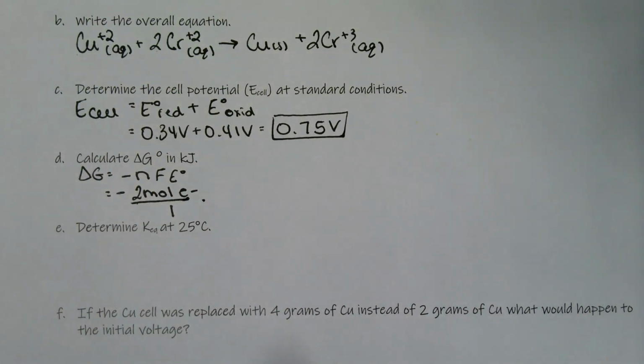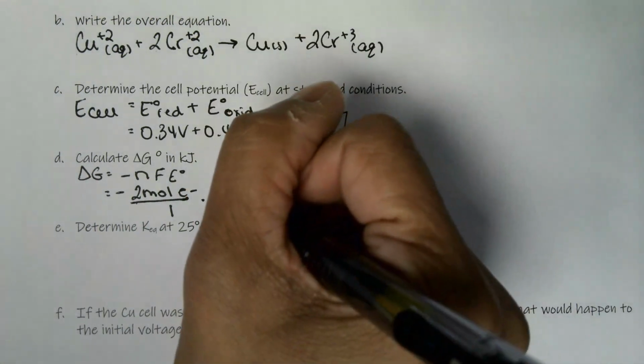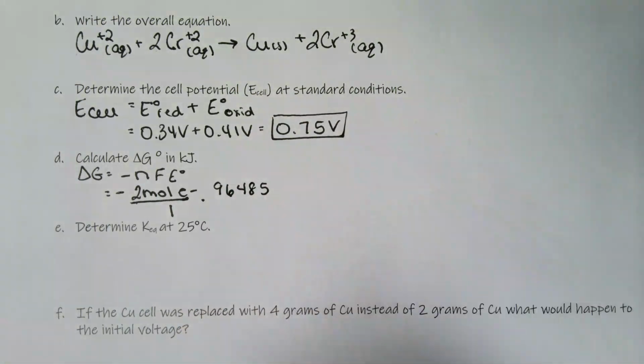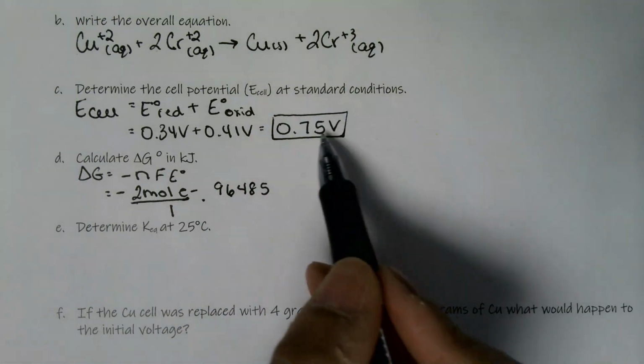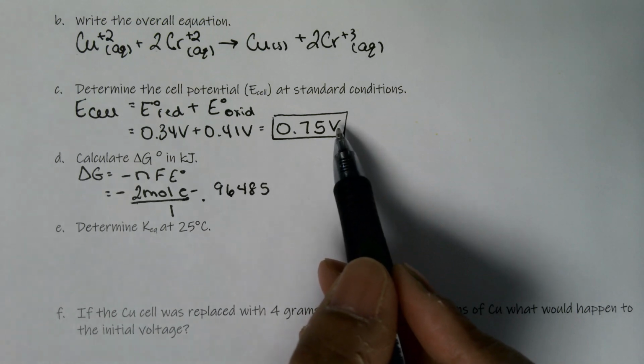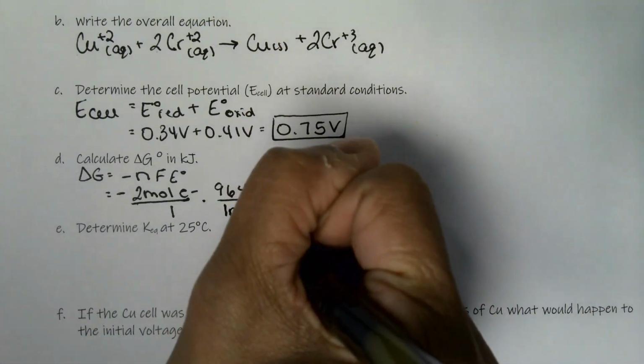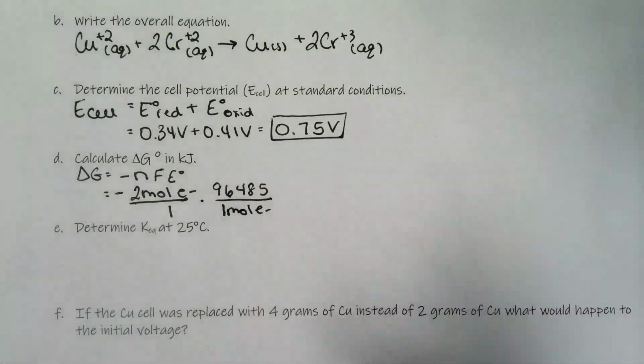Then I have for D, Faraday's constant. For Faraday's constant, I can put in the 96485. And I know I'm dealing with volts over here, so instead of just putting in, oh, sorry, my bad, over 1 mole of electrons. I can't forget that.